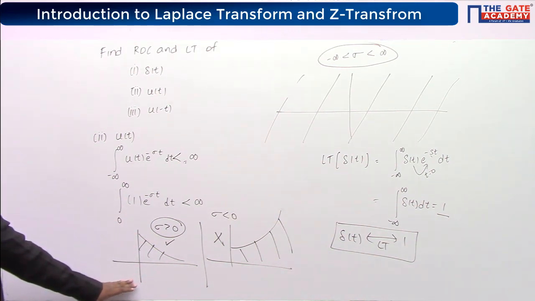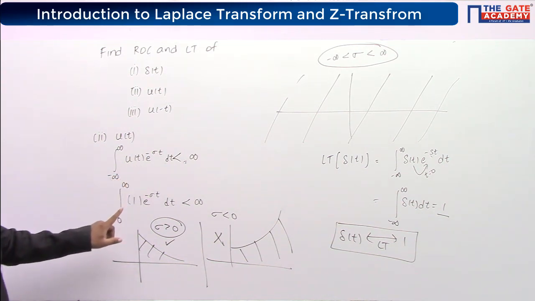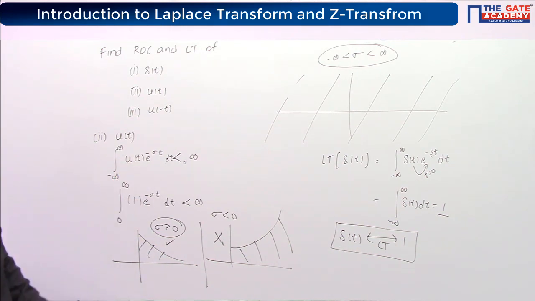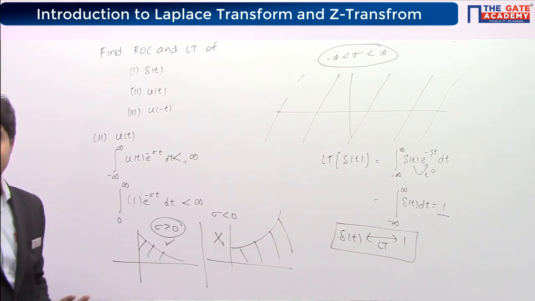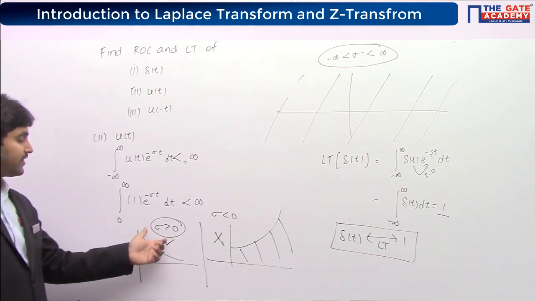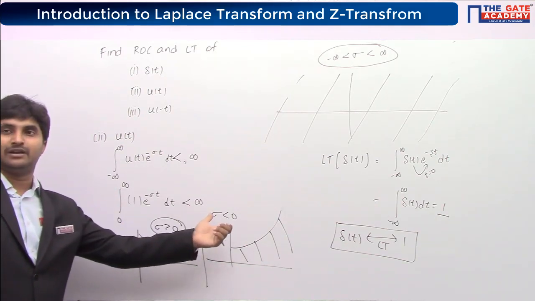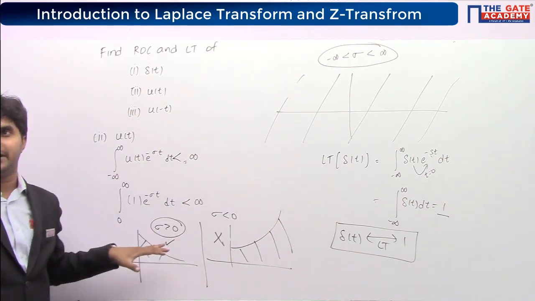Because of the presence of u of t, the limits are only from 0 to infinity, where the value of u of t is 1. Now we take different values of sigma: greater than 0, and less than 0. For sigma greater than 0, it will be a decaying function. For sigma less than 0, it will be a growing function. Have you understood this part?